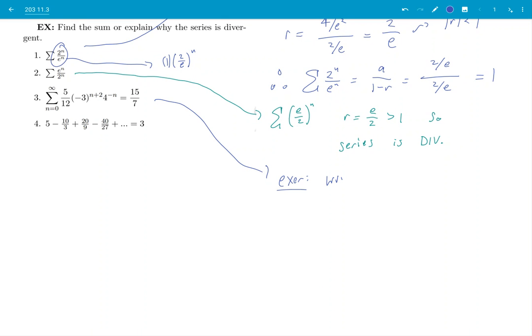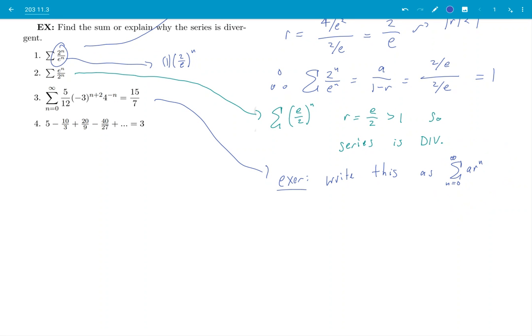Write this as a sum from n equals 0 to infinity of a r to the n. So I want you to find a and find r, and write it like that if you can, just by manipulating this thing here.